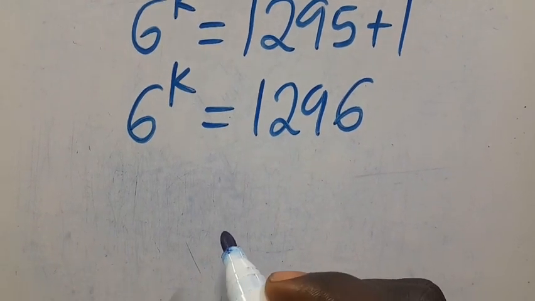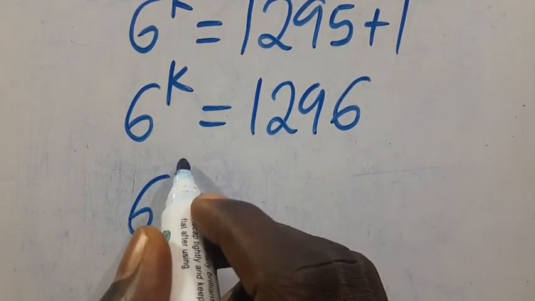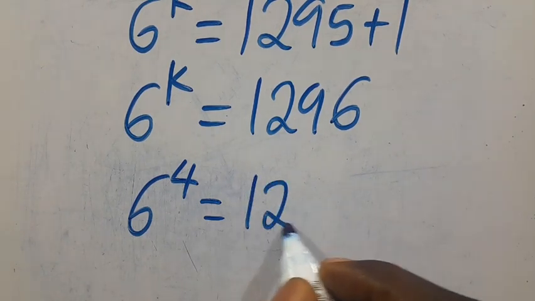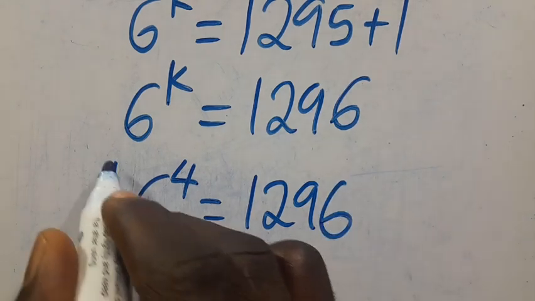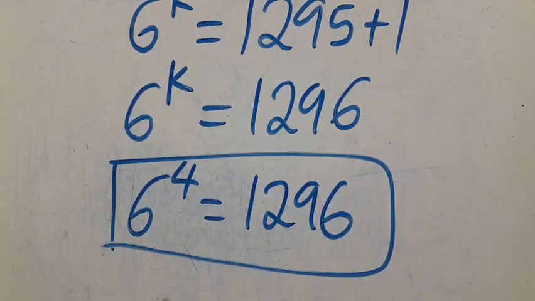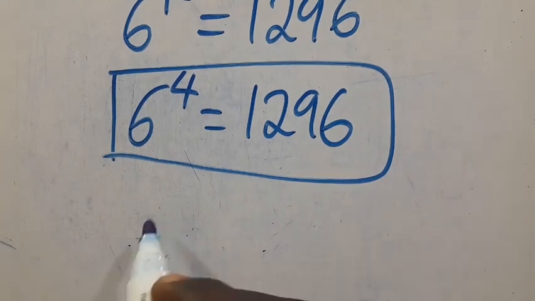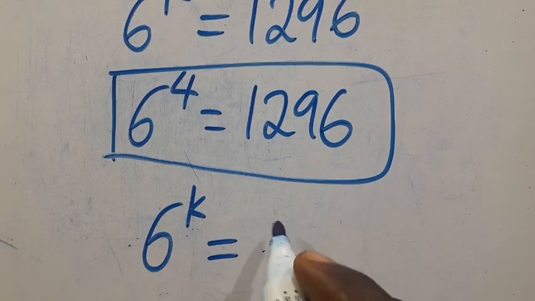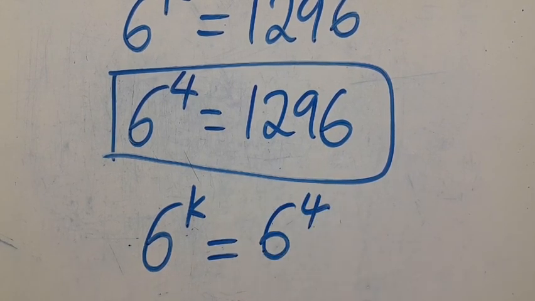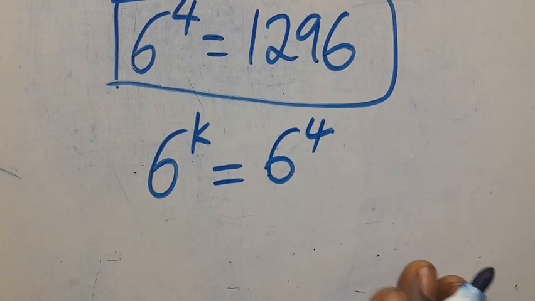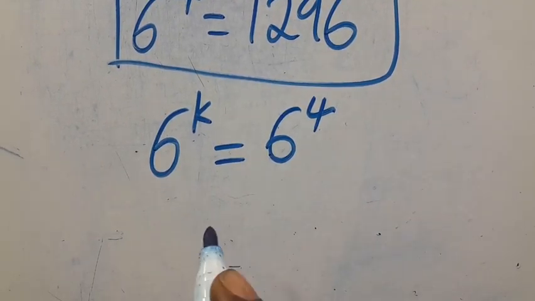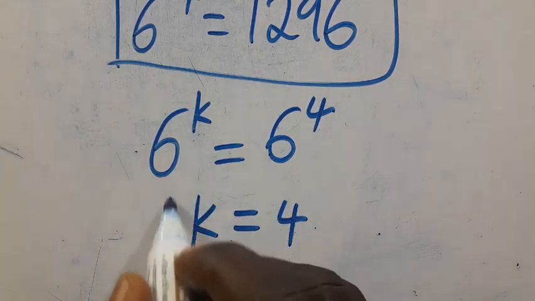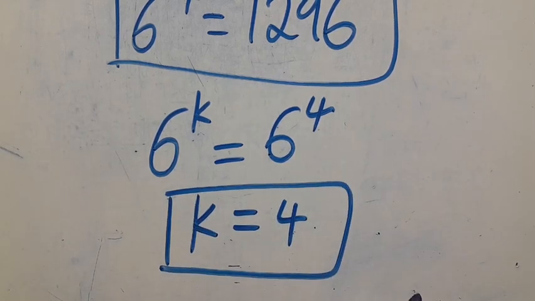But mind you that 6 to the power of 4 equals 1296. So by putting it here, we have 6 to the power of k equals 6 to the power of 4. By equating their powers, since the bases are the same, we have k equals 4.